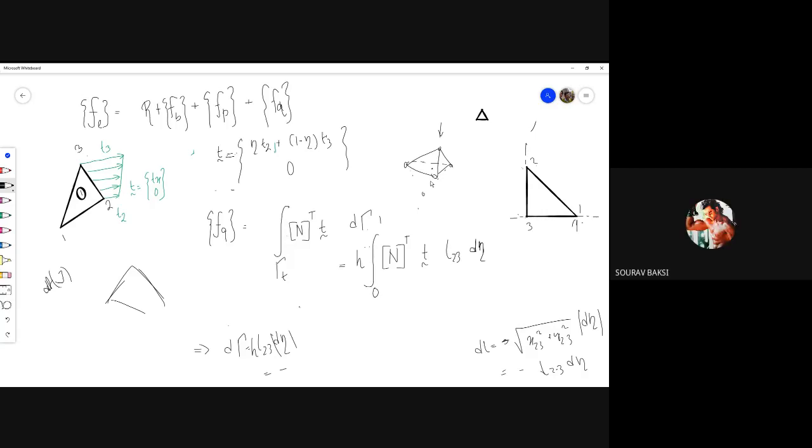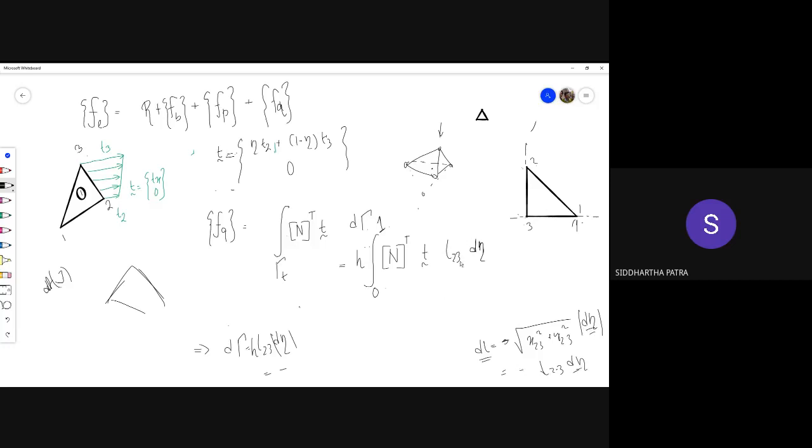Anyways, so the integration goes from 0 to 1. Either way, whether you do the integration from 2 to 3, then you'll have to take this to be minus d eta, or you can do it from 3 to 2, then you don't have to do any change, because between 3 and 2 the eta is changing positively, and then differential length is the absolute value of d eta, essentially d eta.